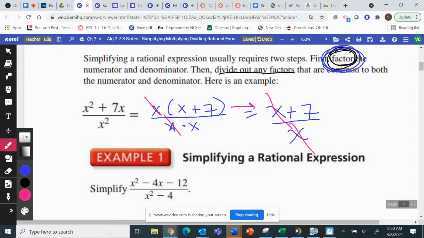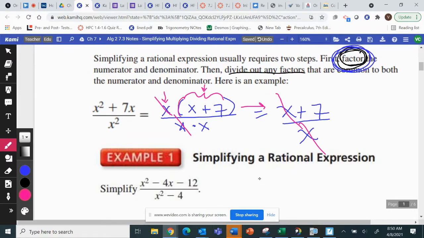The entire factor, when I factored up here, I had x as a factor and I had x plus 7 as a second factor. Those are factors, things that multiply together to give me x squared plus 7x. So this x plus 7 is an entire factor.